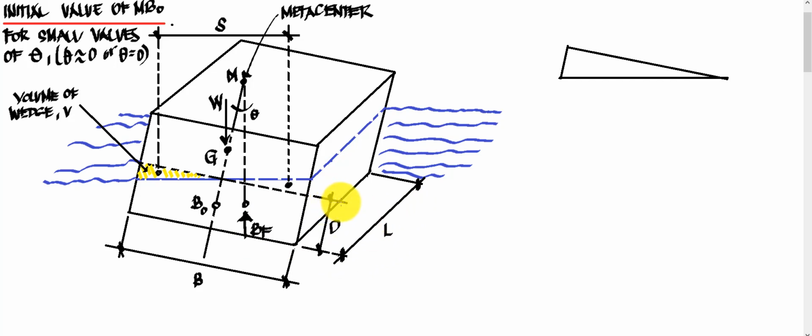Initially, when there is no wave, we have the displaced fluid, your D, and we have the displacement of the wedge here. If it is acted upon by a wave, the volume is displaced, and the corresponding wedge is already submerged at this part. Then we have the corresponding metacenter, and you have your theta.